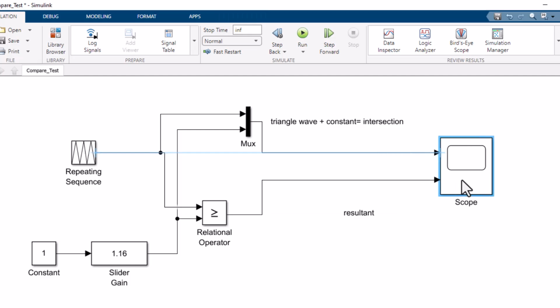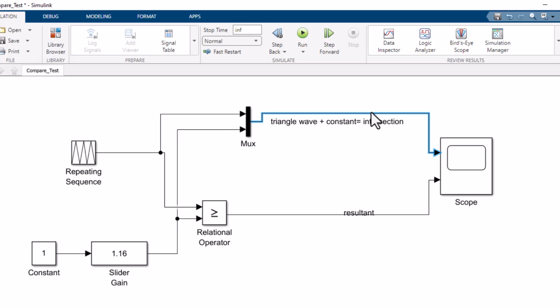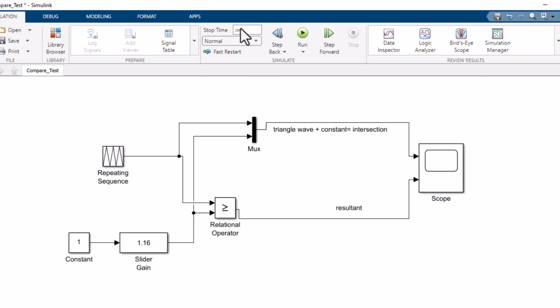We have a scope. In the first part, the upper plot, we can see the intersection. In the lower plot, we can see the pulses. I'm running for infinite, or let's say run for 10 seconds, and just run it, and you can easily understand the intersection part.